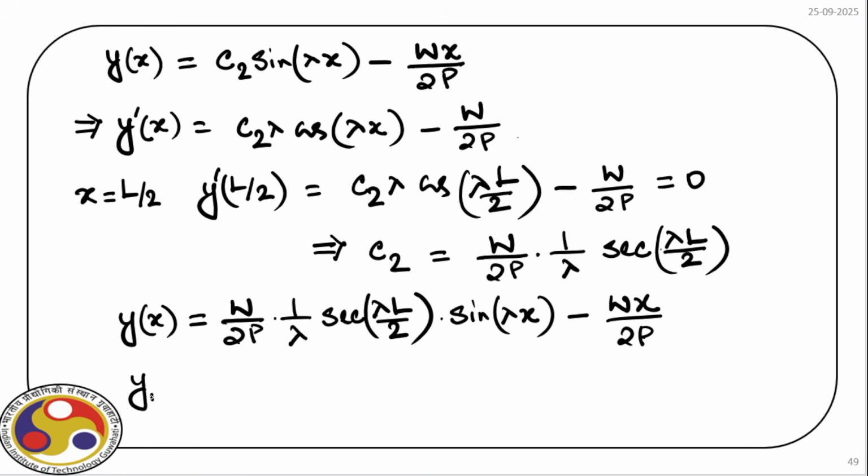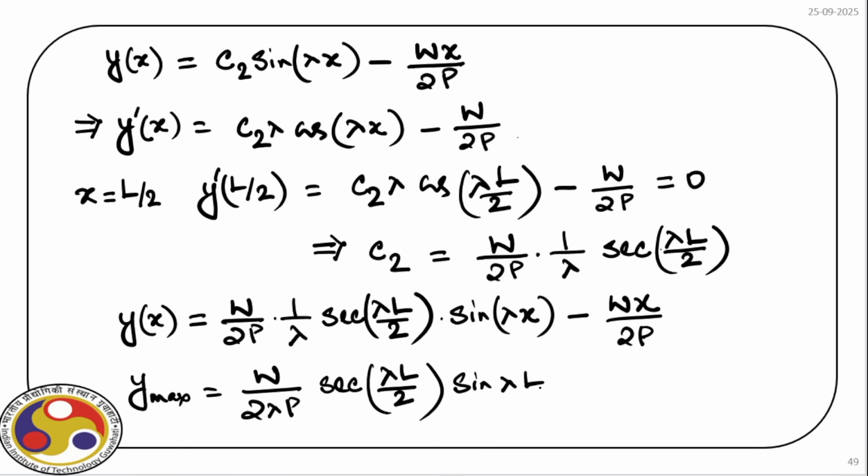So y max is equal to w by twice lambda p sec lambda L by 2 sine lambda L by 2 minus WL by 4p. Right. Now we can further simplify this expression.